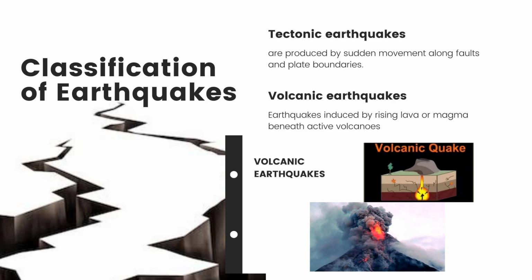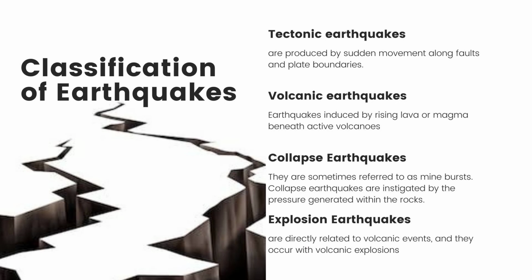Then the next one we have here is the collapse earthquakes. From the word collapse, they are sometimes referred to as mine burst. Collapse earthquakes are induced by the pressure generated within the rocks. The reason for this is there is a rock movement.